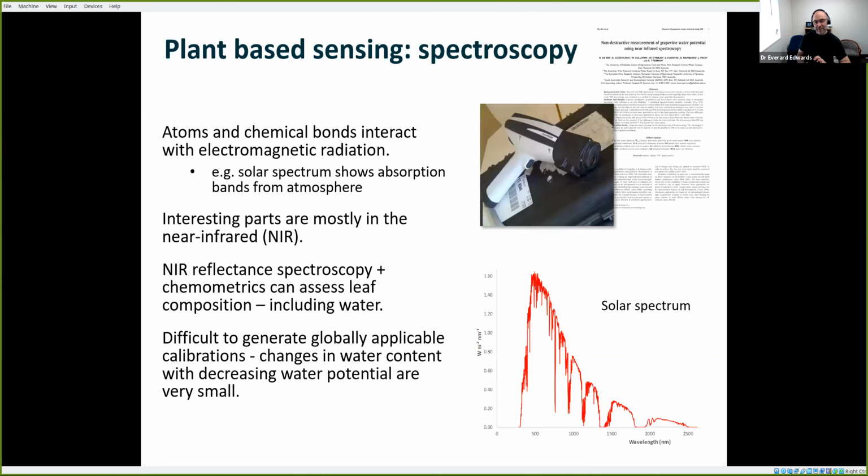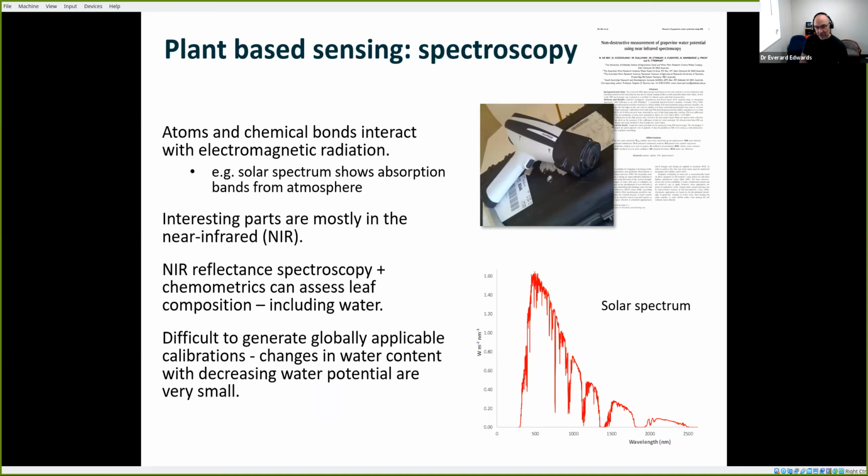So I was also asked to briefly mention spectroscopy. So this is something that's quite different. Basically, when we shine light onto a leaf, leaf's green, so you've got an interaction between that light and the structure, the chemical makeup of the leaf. When we do it with near infrared light, it has these very strong absorption by water in particular. So on that solar spectrum down the bottom end, there's a number of big dips.